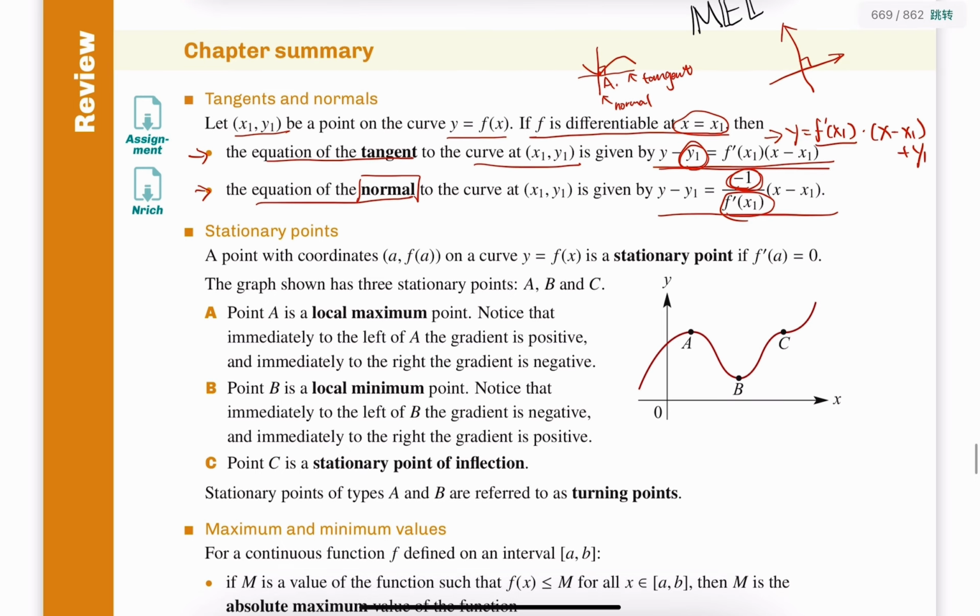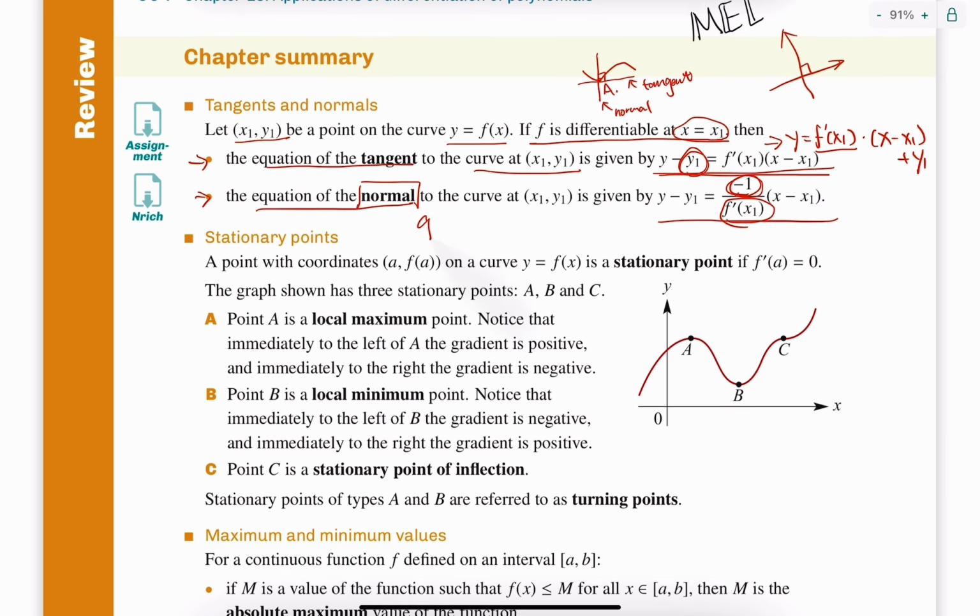Okay, let's make it super clear. The gradient of the tangent multiplied by the gradient of the normal is equal to -1.